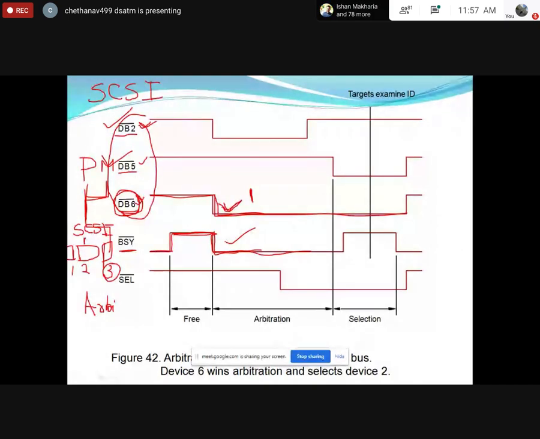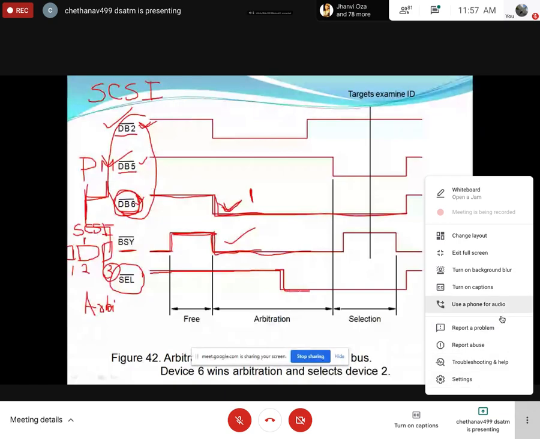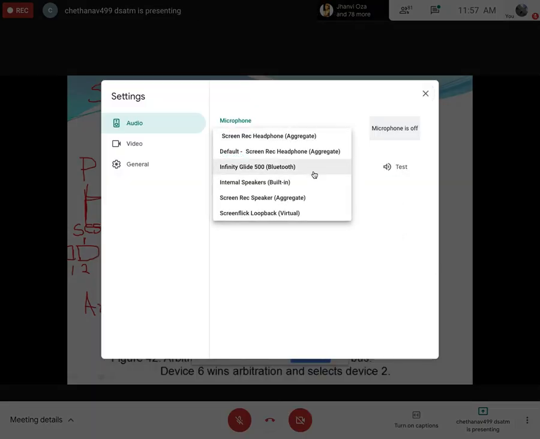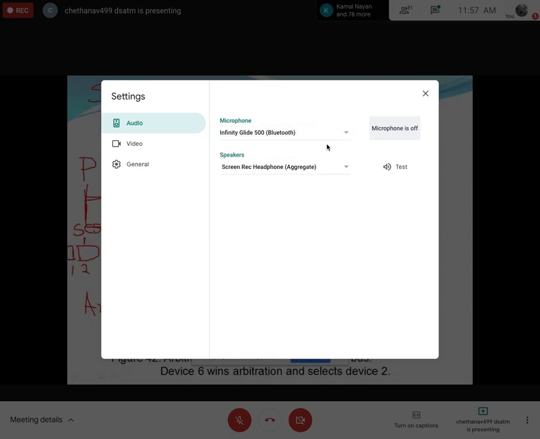Next, selection. Selection is also one thing. Whenever I want to select which device, I want to select the bus. You can see here it is low impedance. Next I want to select the next device. Which one do I want to select?